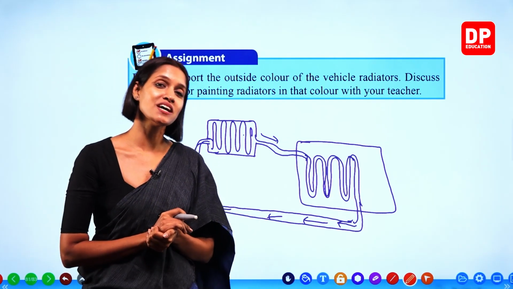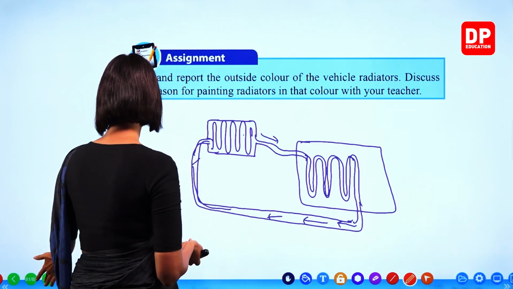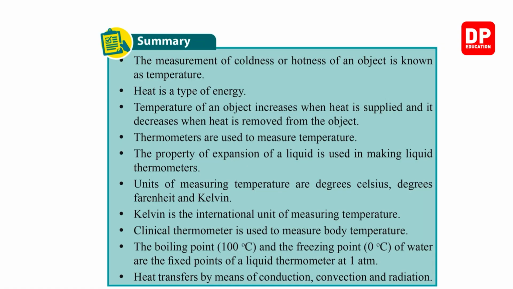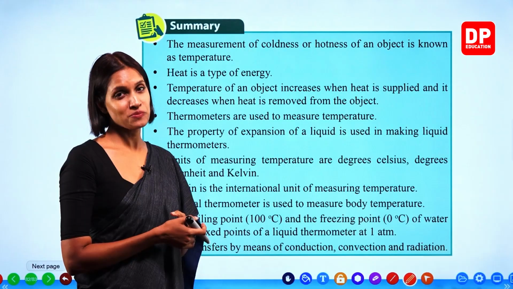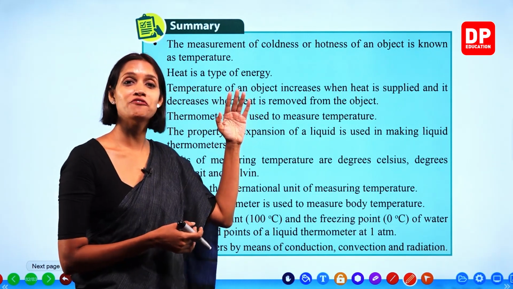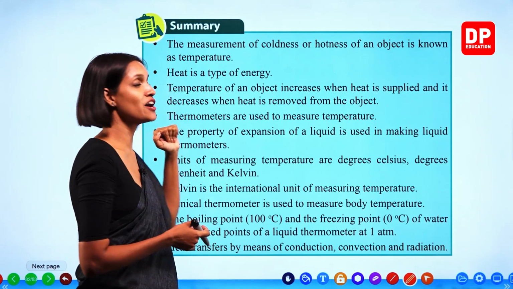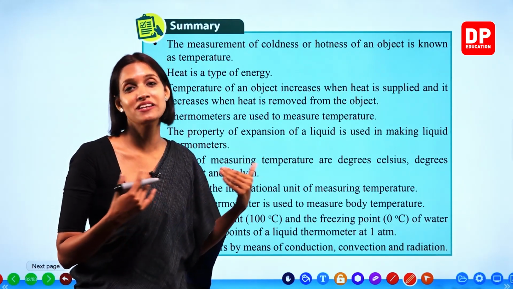We are going to see the summary to see the topics that we have done so far. So the measurement of coldness or hotness of an object is known as temperature. Okay, it's a sensation. Heat is a type of energy. So after doing this lesson, now we know that heat and temperature are not the same thing. They are related, but they are different.